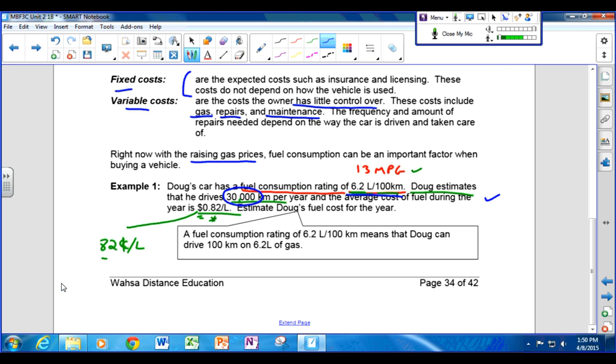It's a two-step thing to find out what your fuel costs are, right? If you go a certain distance, you multiply that by your liters per 100 kilometers. That gives you a number in liters. That's the amount of fuel you use. Then you multiply that by the cost of the fuel, and that gives you a number in either dollars or cents, depending on what you started with, and that's your cost of fuel.